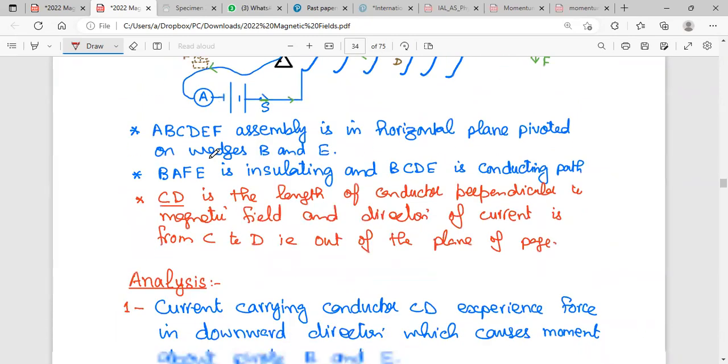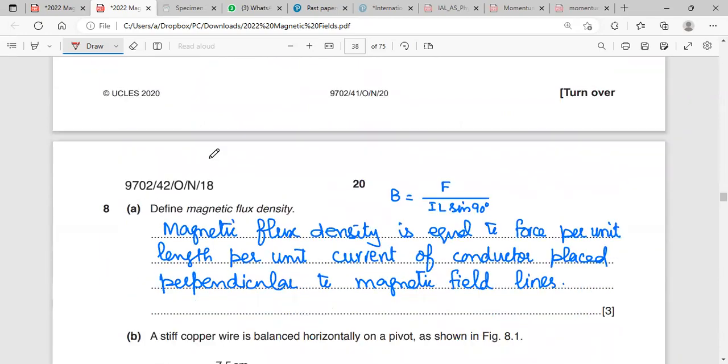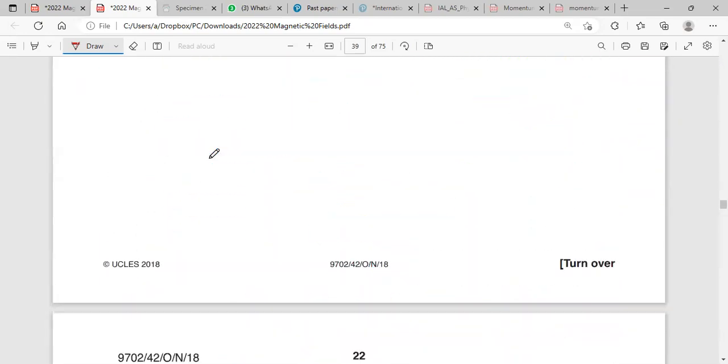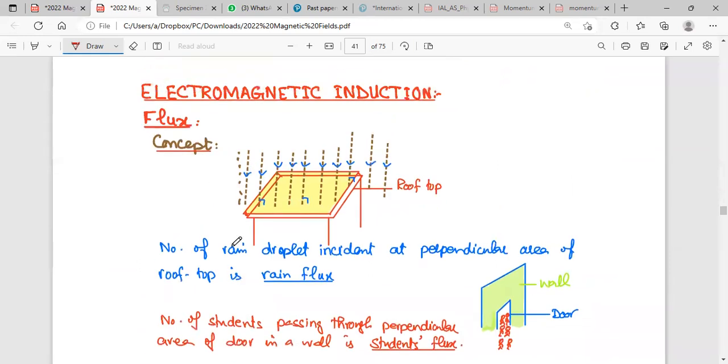One Hall probe topic is remaining. That is the important topic for this chapter, and then we will move on to electromagnetic induction. That will be the last chapter for this section, which is magnetic field.